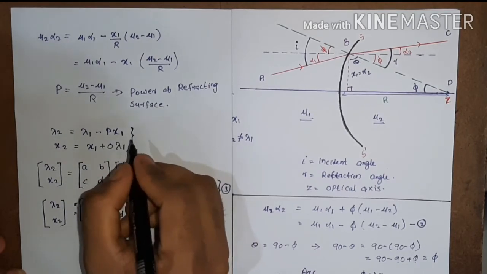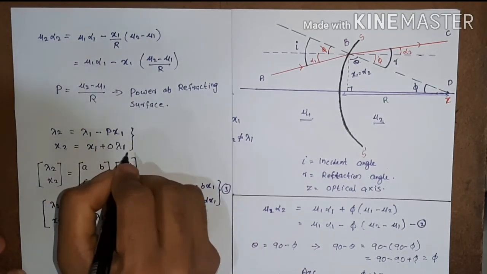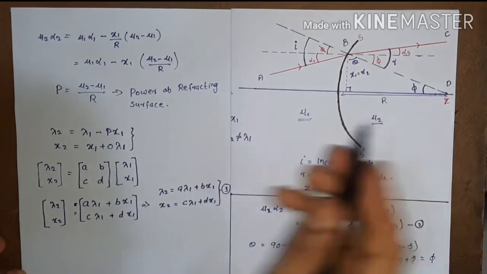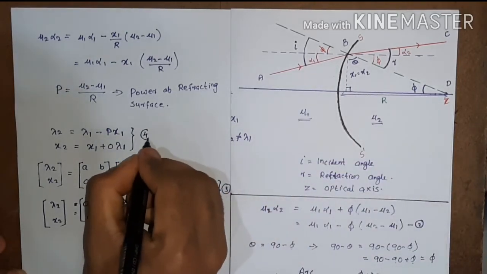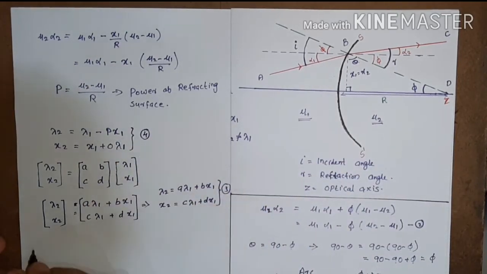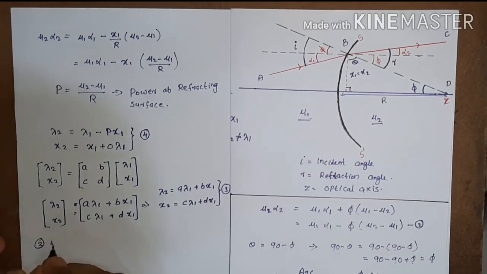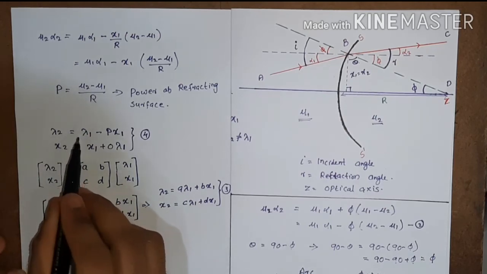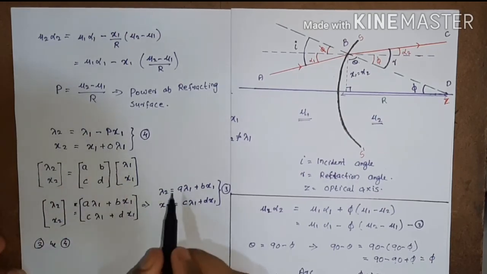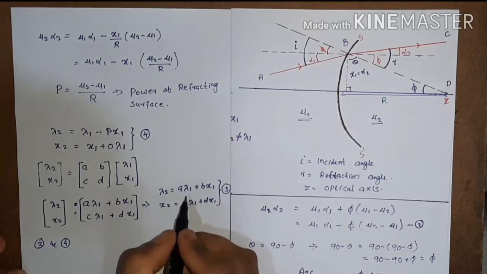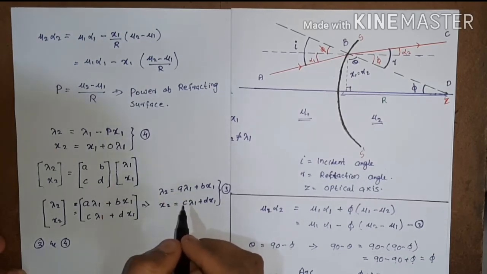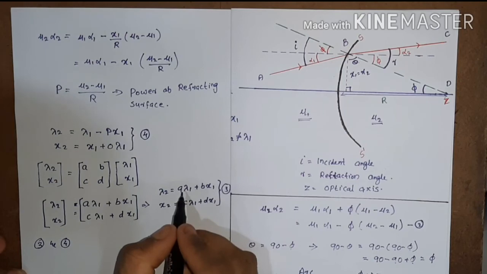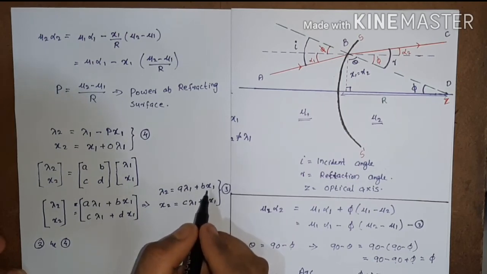This is the expression obtained from the diagram. I am denoting this equation number 4. So I am comparing equation number 3 and 4. I can see that the left hand sides are equal, and so obviously the right hand sides should be equal. For making the right hand sides equal, I have to choose the coefficients of lambda 1 and x1 to be equal.